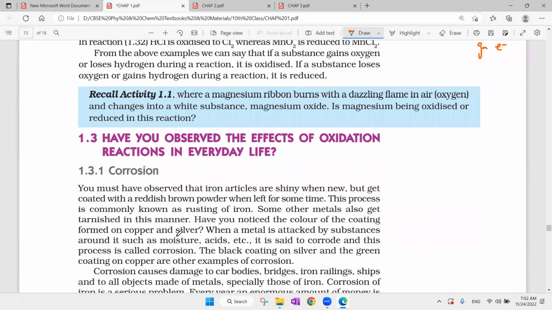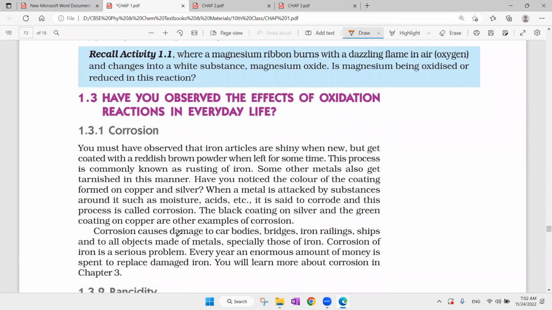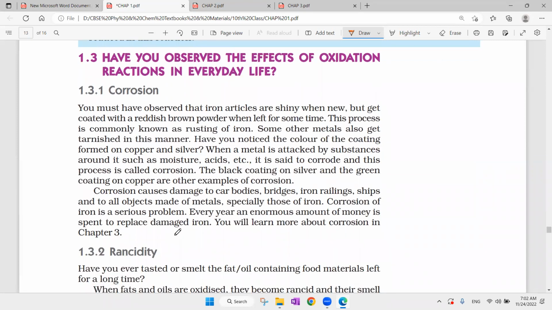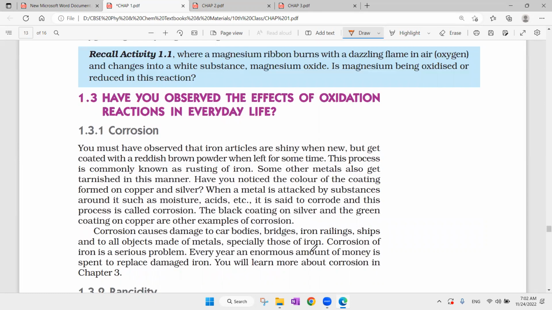Then 1.3: have you observed the effects of oxidation reactions in everyday life? 1.3.1, they are giving information about corrosion. What is meant by corrosion?